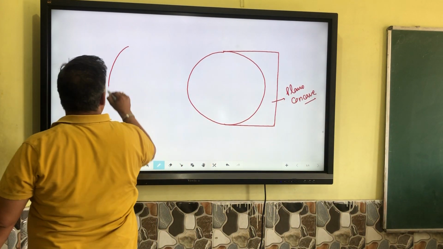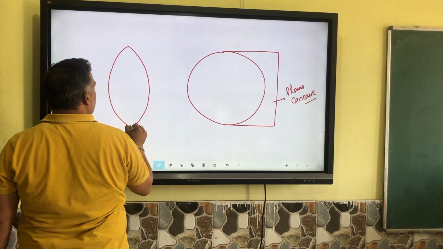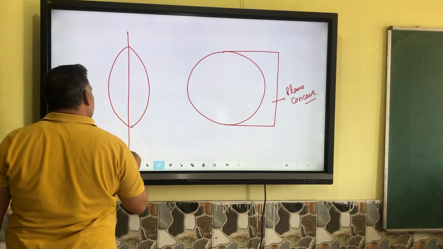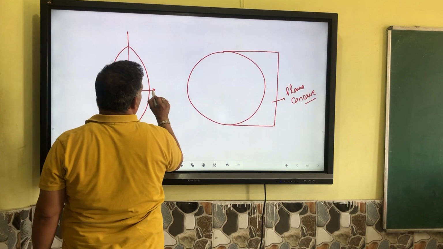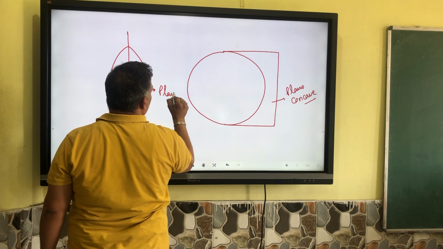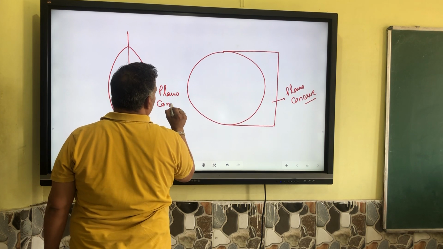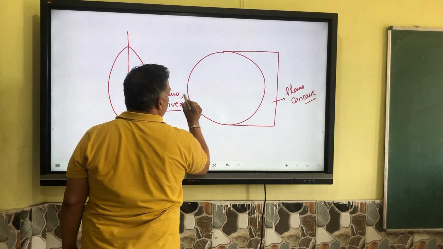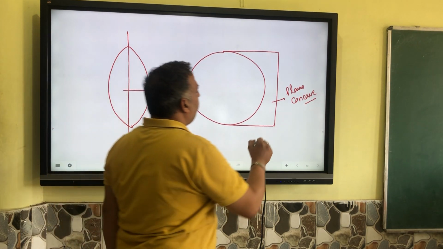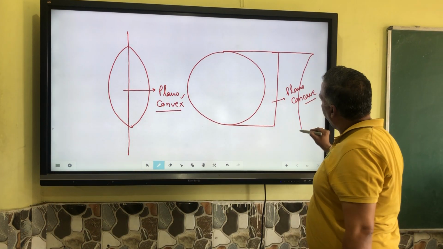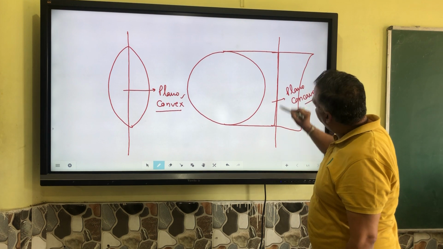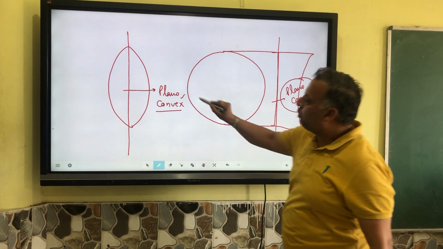If this was the surface and I cut in this way, this is plano-convex. If earlier it was in this way and we cut in this way, it becomes plano-concave, and this becomes plano-convex.